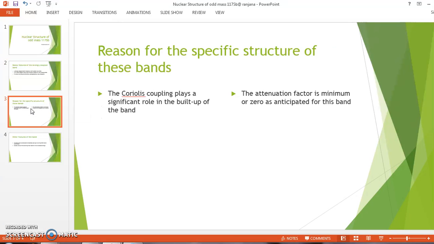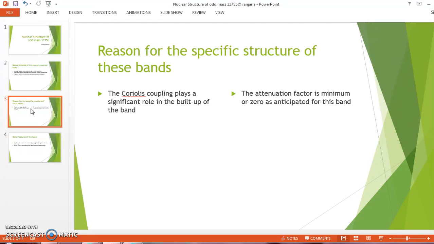When we look into the structure of these nuclei deeply, we try to probe into the reason why this band looks so different, the physics of this band structure. Two important factors play a significant role in developing the physics of the band structure. One is the Coriolis coupling, the coupling between the odd particle and the corresponding even core, and the corresponding attenuation factor.